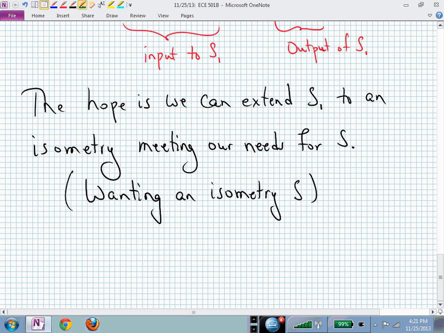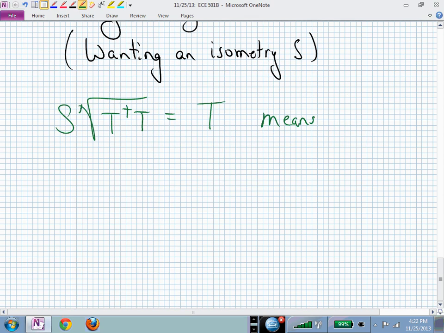We're really wanting S, an isometry that operates on the square root of T dagger T. We want that to equal T. And that really means that for all vectors V, S square root of T dagger T V should be the same as TV, in our, let's say, complex inner product space V.